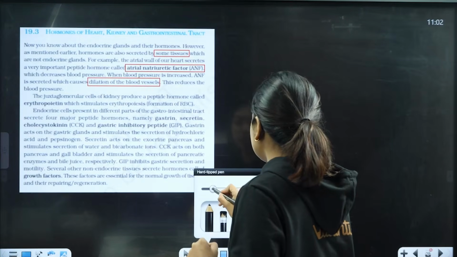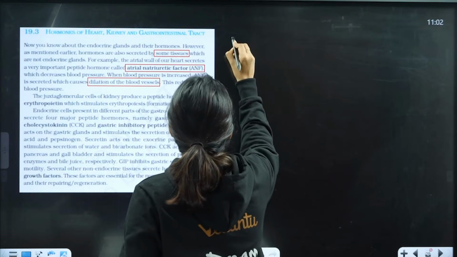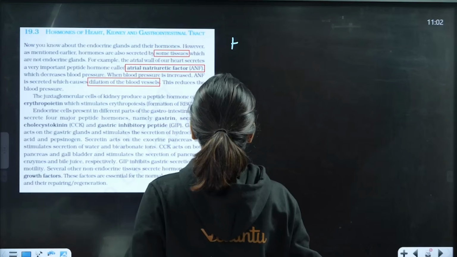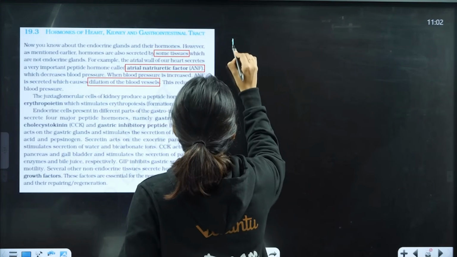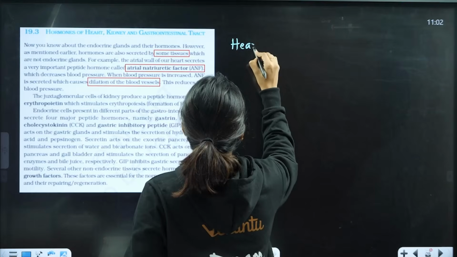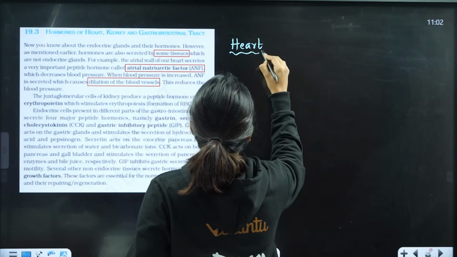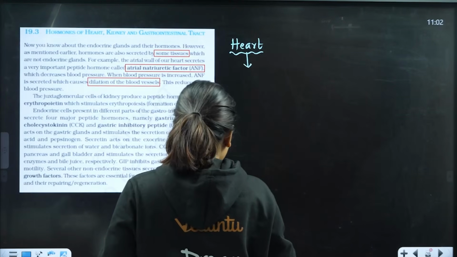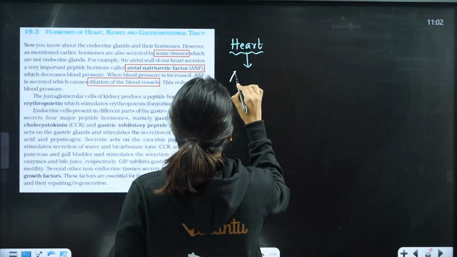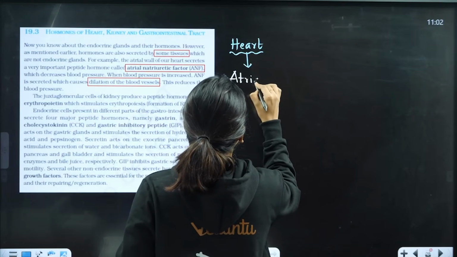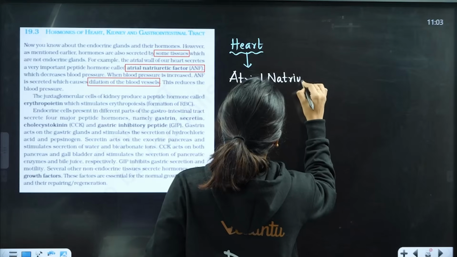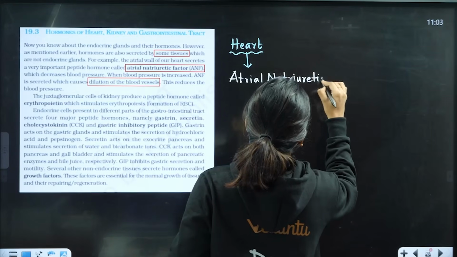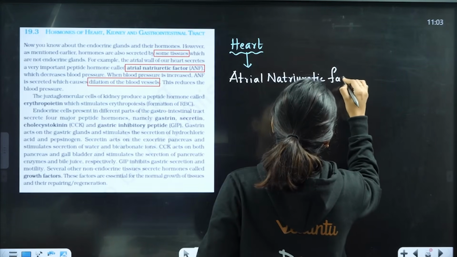So what is happening, students? Let's just write it here. So we have heart. In the heart it is releasing atrial natriuretic factor.